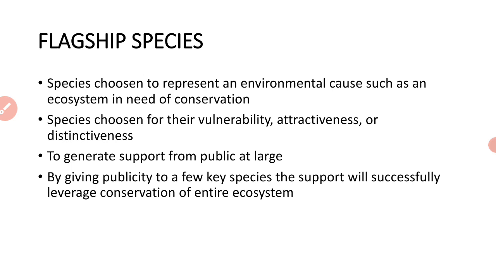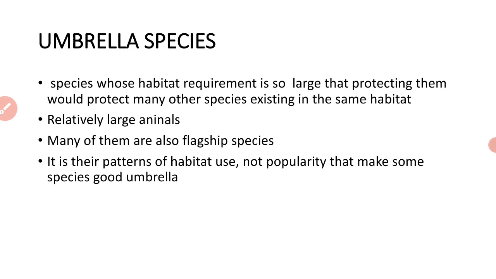When we preserve the species, we preserve the entire ecosystem, and hence our mission will be successful. That's why they are known as flagship species. Ultimately, in an attempt to preserve the entire ecosystem, we are preserving these flagship species. Now let's talk about another one, umbrella species.